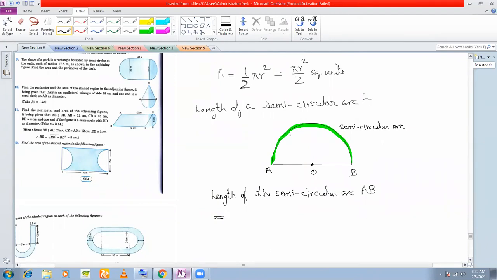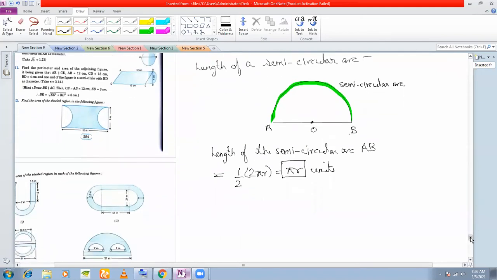So if this semicircular arc is half of the circle, then it should be half of 2 pi r, which comes to pi r units. If the radius is given to you in centimeters, the length of the arc will be in centimeters. If it is given in meters, it will be in meters, and so on. So remember, only the length of this green outline, the curved part, not the straight diameter part, is pi r.